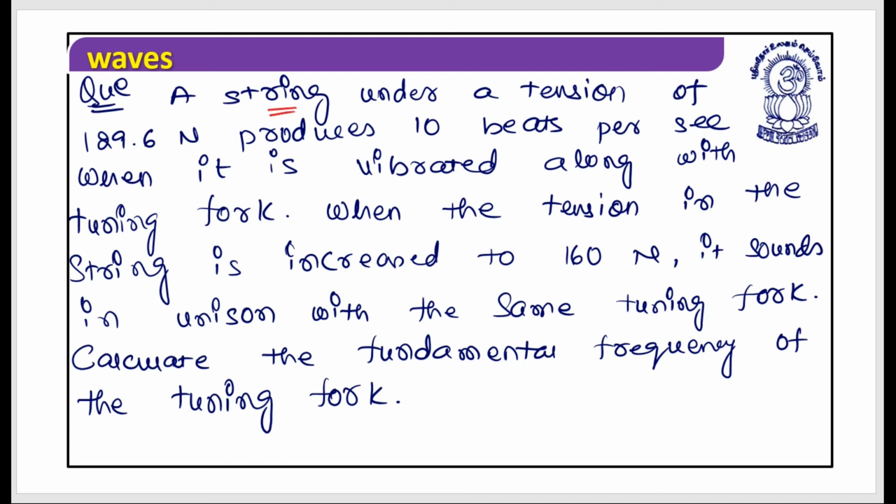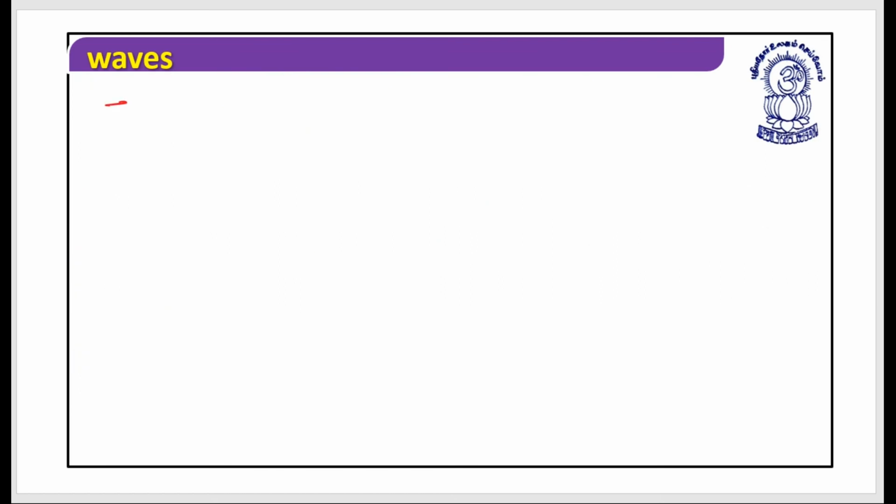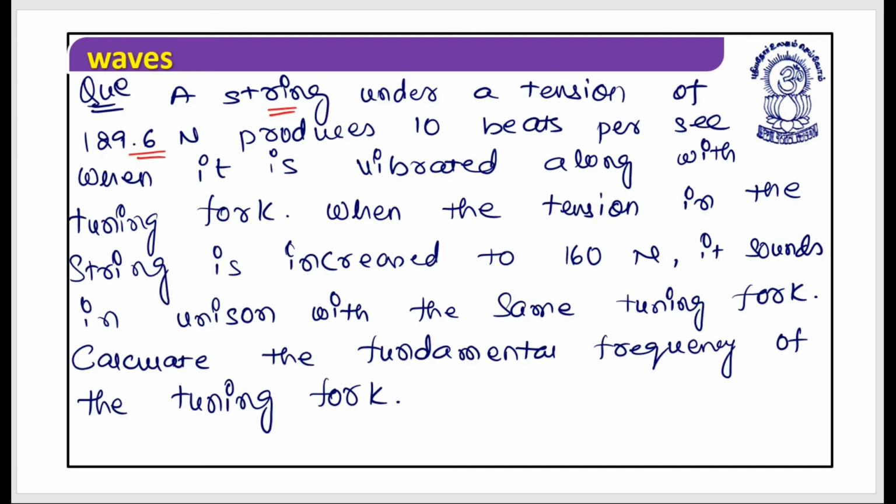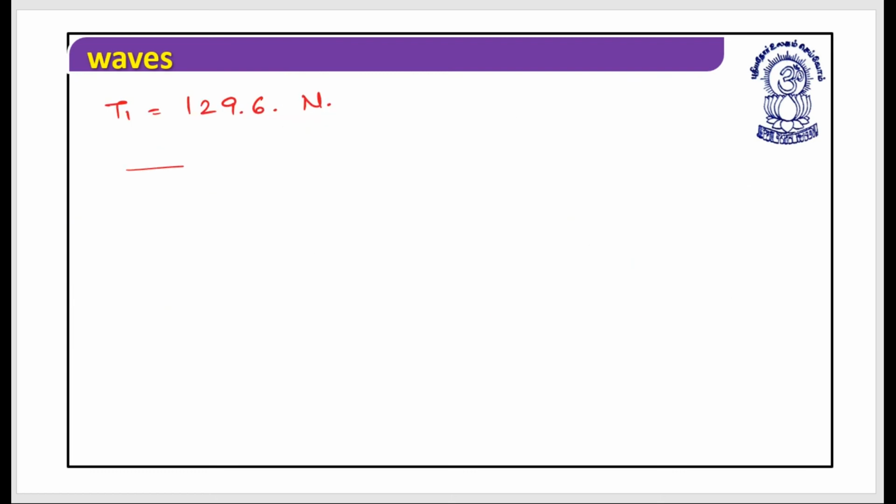So a string is given under a tension of 129.6 Newton, let's say this was the initial tension. It produces 10 beats per second when it is vibrated along with a tuning fork. So the string is vibrating as well as the tuning fork, and let's say this is F1 and this is F2.